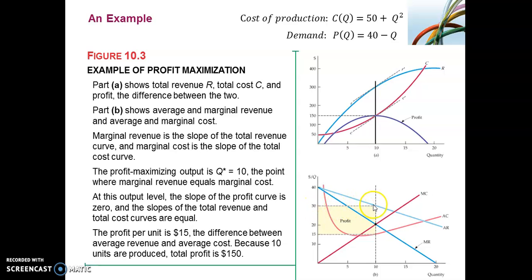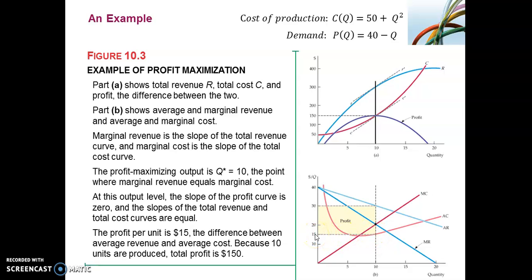Now, if we also compare the difference between our average revenue, which is P equal to 30, and our average cost at this level of output over here, there's our average cost, it is 15.